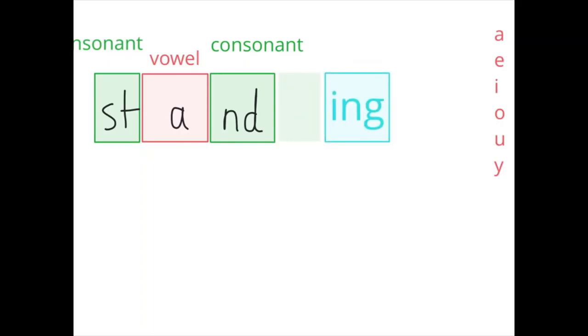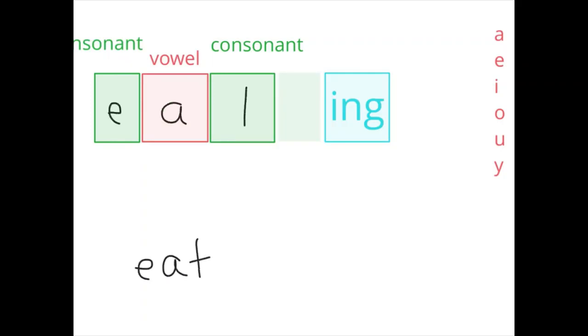Let's try another word. I am going to try the word eat. Eat is spelled like this. We need to make sure that we do not write it like this because the E is not a consonant. The EA is a vowel digraph, so we don't want to put just the E there.